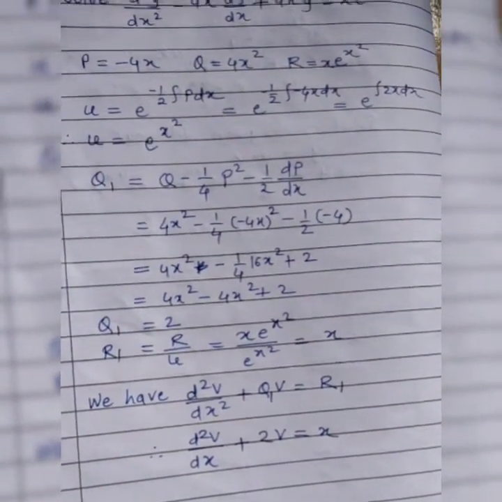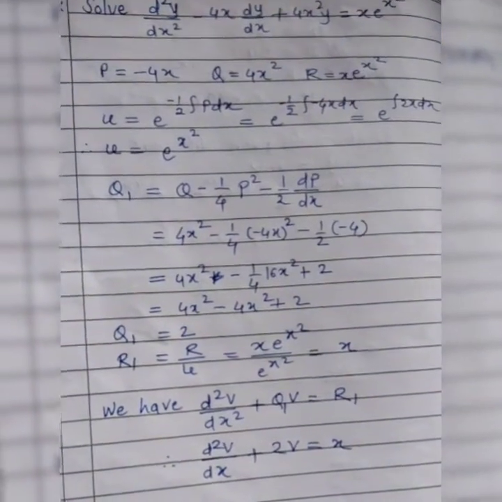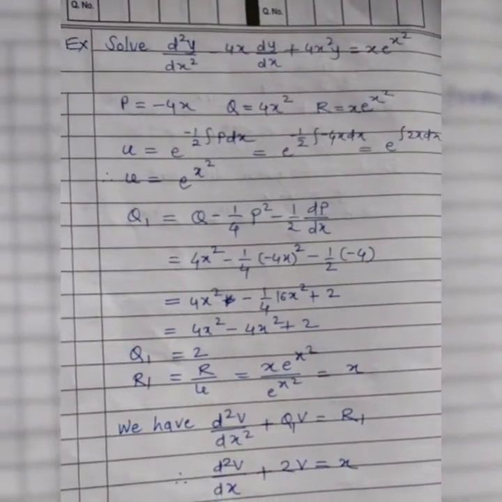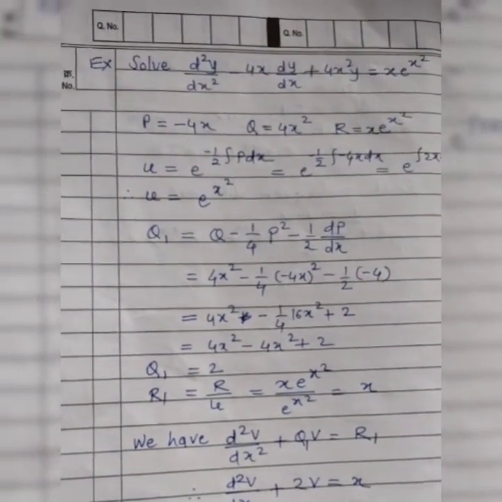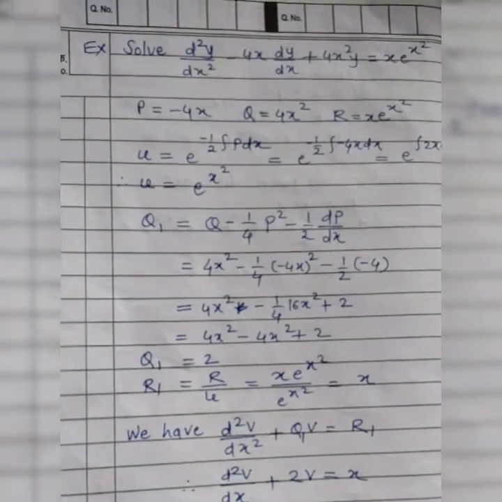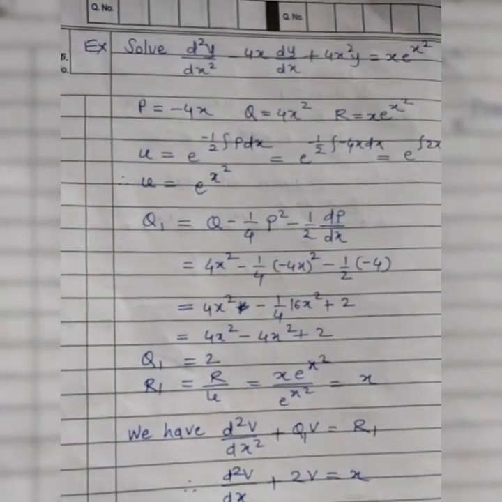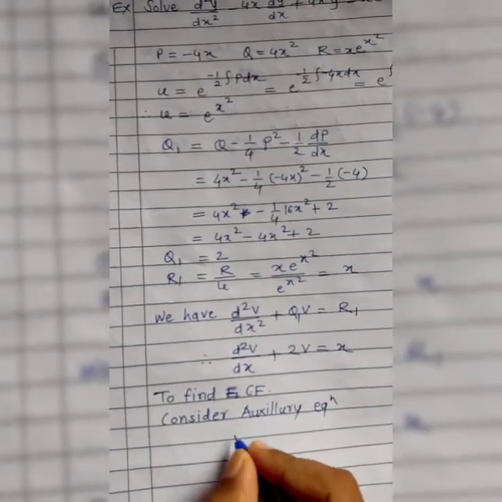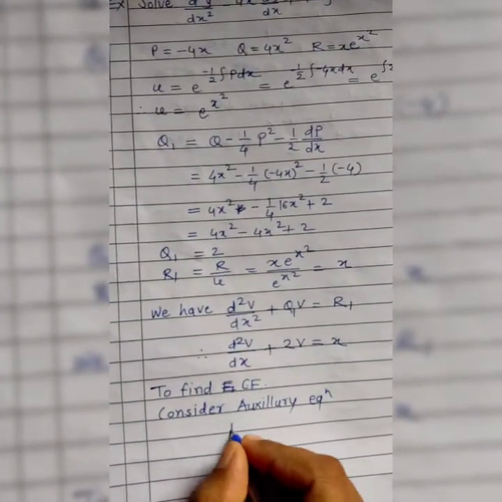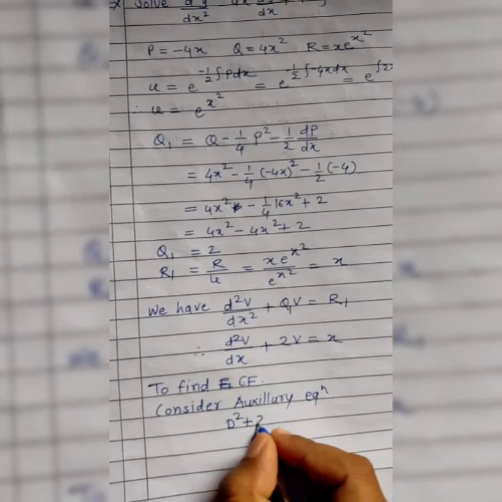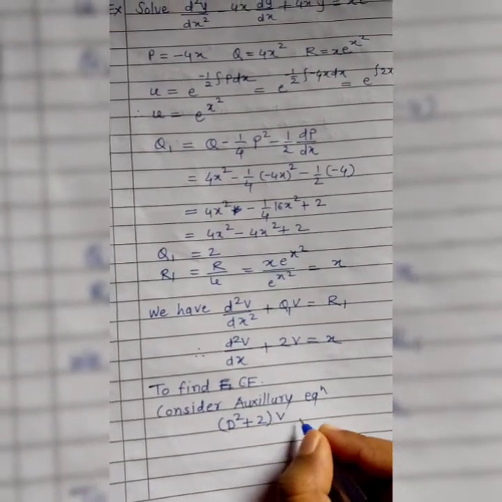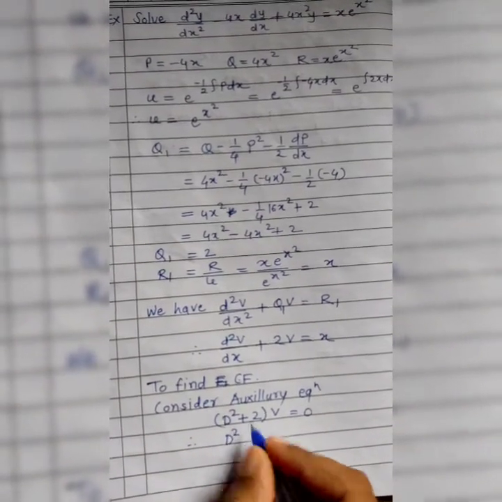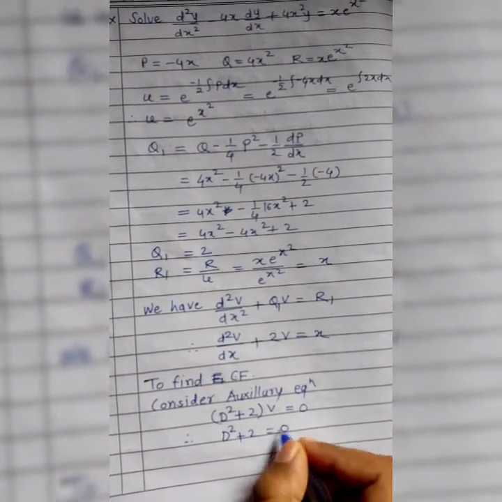Here this equation is non-homogeneous, so we have to find complementary function as well as particular integral. To find complementary function, consider auxiliary equation. Auxiliary equation is d square plus 2 into v is equal to 0. d square plus 2 is equal to 0.